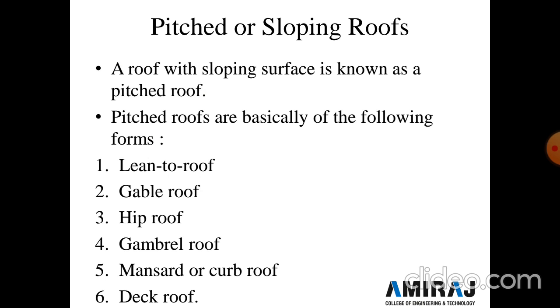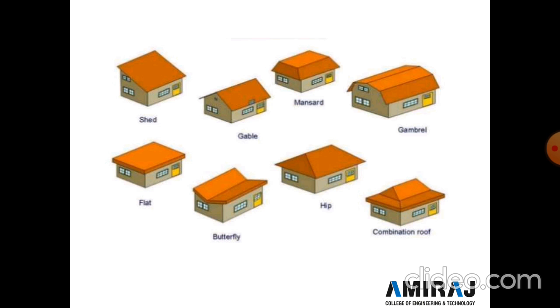This is the simplest type of sloping roof, provided either for a room of small span or for a veranda. It has a slope on only one side. See this figure: the shed or lean-to roof is the same, only a single-side slope is provided.